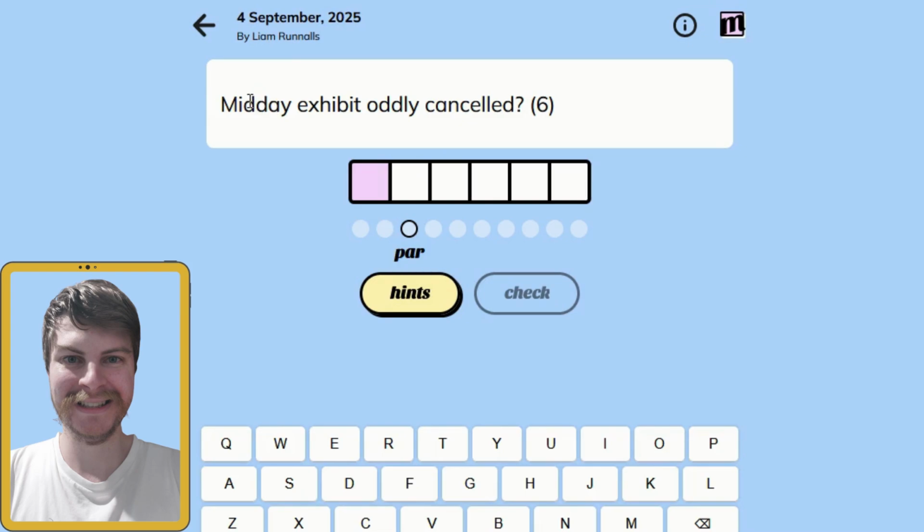Another way to say midday is noon, but that is only 4 letters. There's 7 letters in exhibit, so I can't scramble that up.